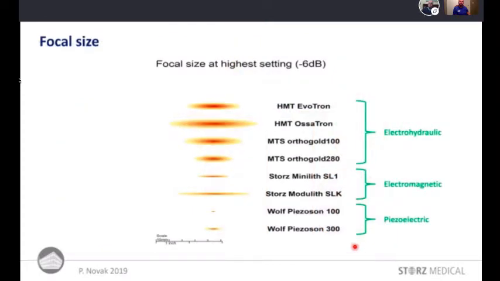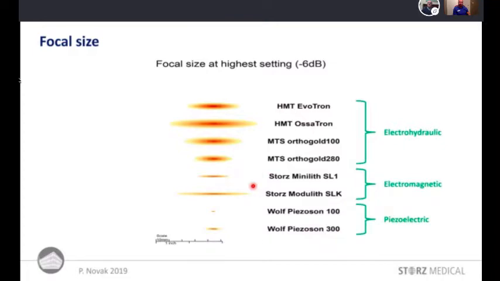Now you see here typical sizes and dimensions of focal areas of different devices. It is typical that devices using electro-hydraulic principles, meaning with a spark gap, usually have a relatively long and broad focal area.